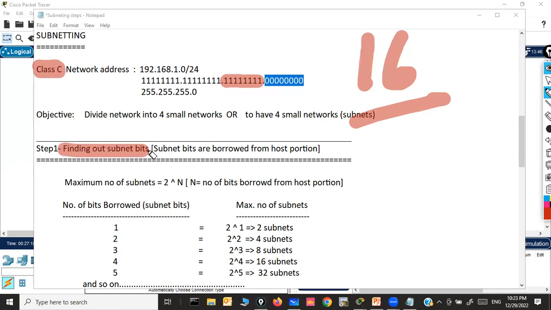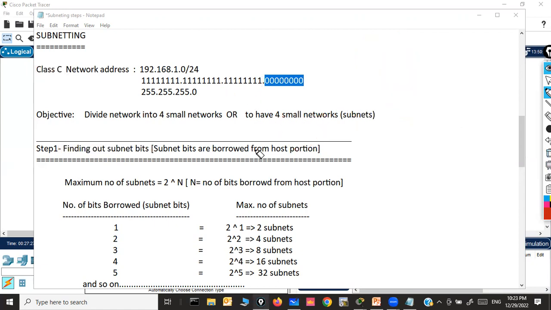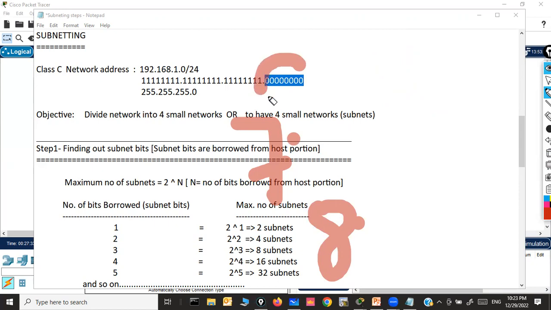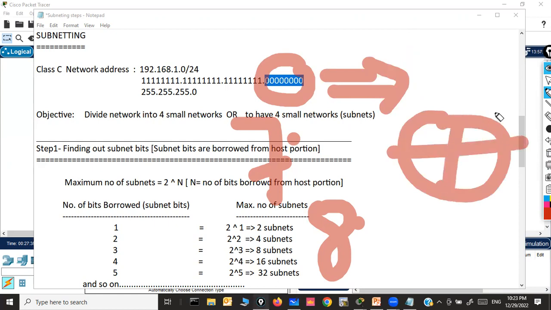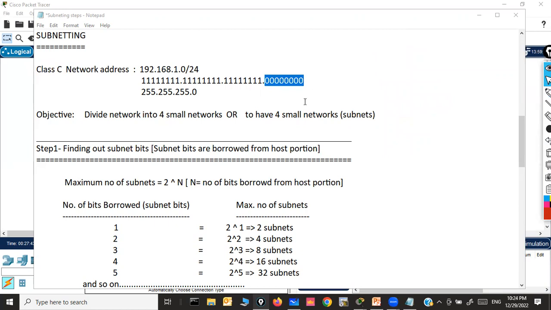Again, it depends on the requirement, but at least 2 zeros you have to leave for the host. In this example, we cannot borrow 7 or 8 bits, because if we borrow 7 or 8 bits and in total there are only 7 bits, we are not leaving host bits behind. A network without any host is meaningless, so not possible at all.